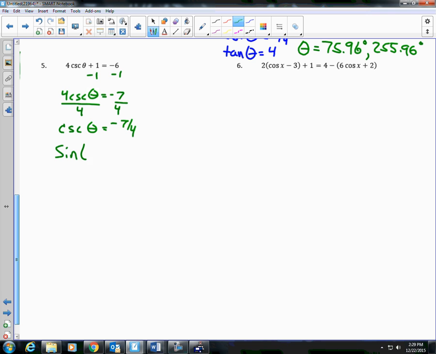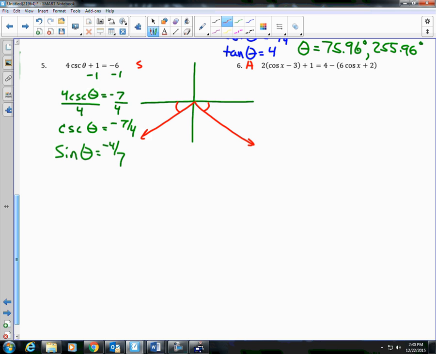Sine of theta is negative 4/7. So is sine positive or is sine negative? In which quadrants is sine negative? 3 and 4. All students take calculus, so all are positive there. Sine's positive in the first two. Therefore, it would be negative in the other two.